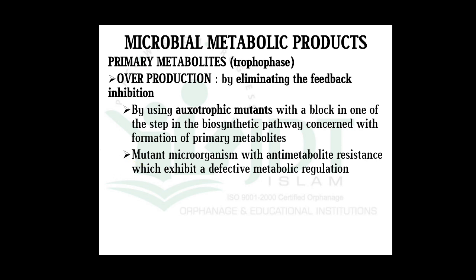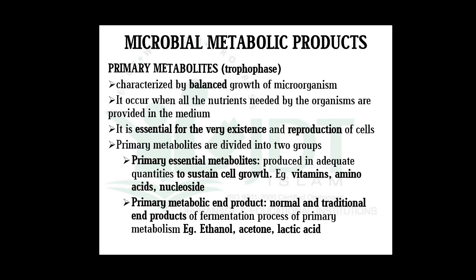If the desired product is a primary metabolite, we have to select a culture media to get more of it. So what do we have to do for overproduction of primary metabolites?